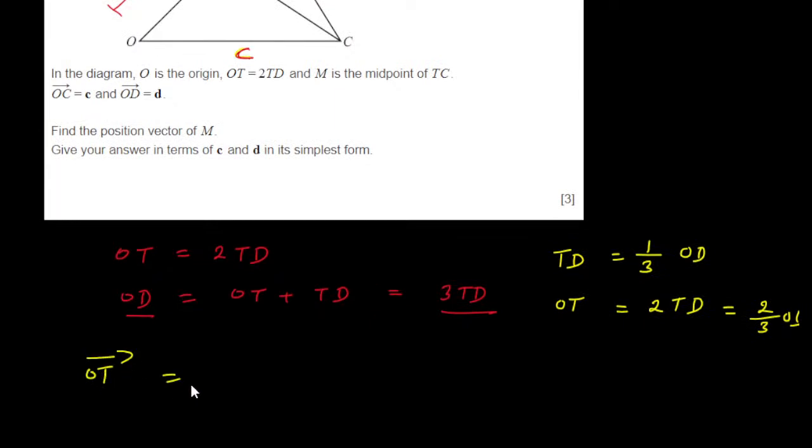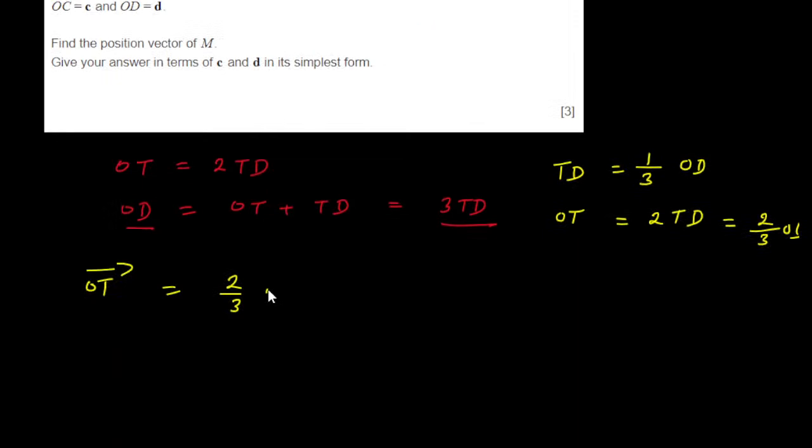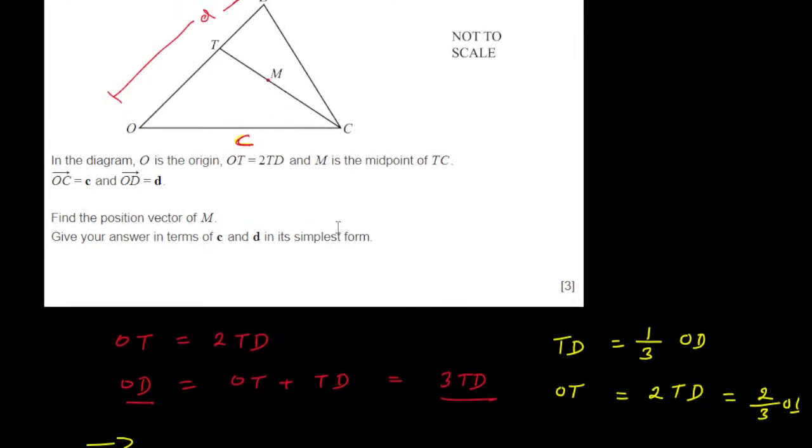So OT bar is 2 divided by 3 D bar. This much is okay. Now I have to find the position vector of point M.